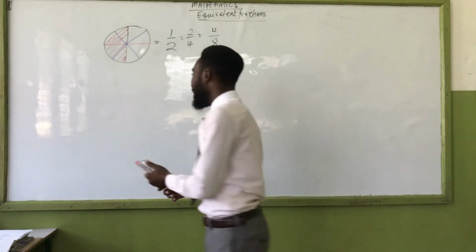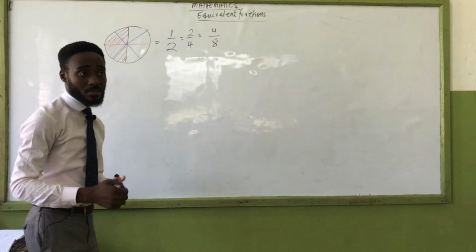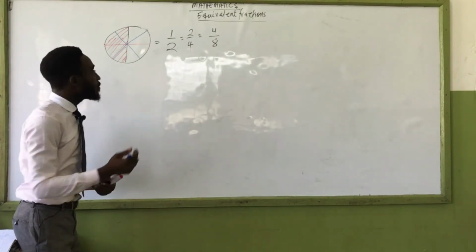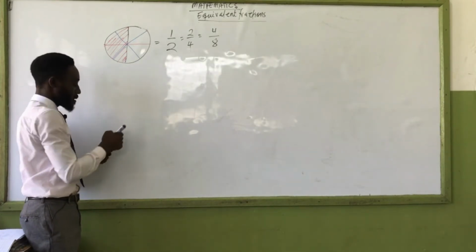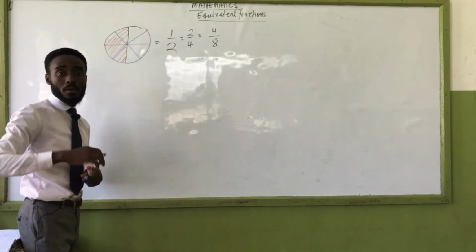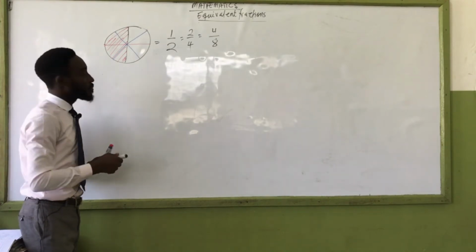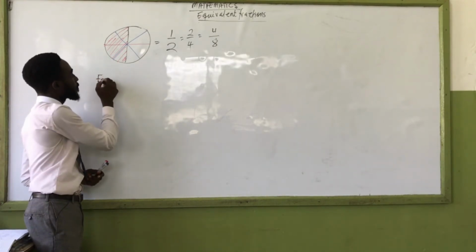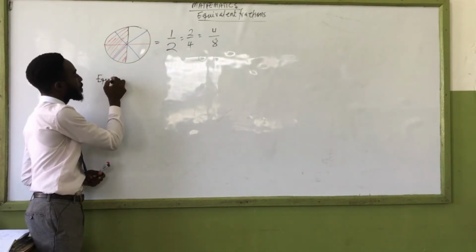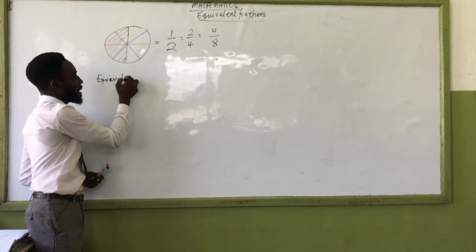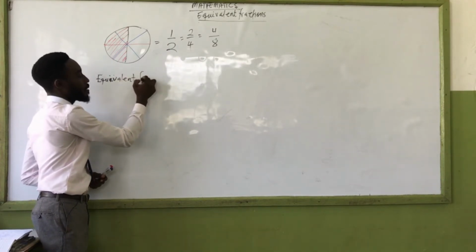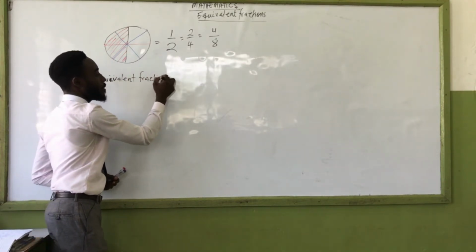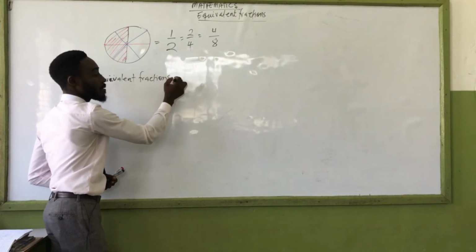So how then do you define equivalent fractions? How then will you define equivalent fractions? Any other way you could define equivalent fractions?